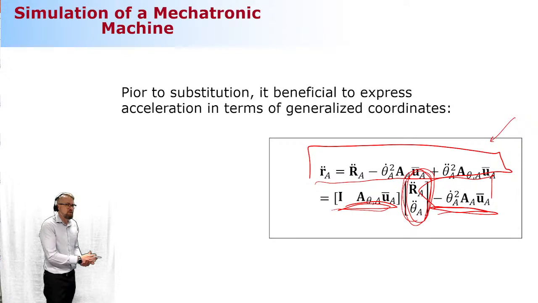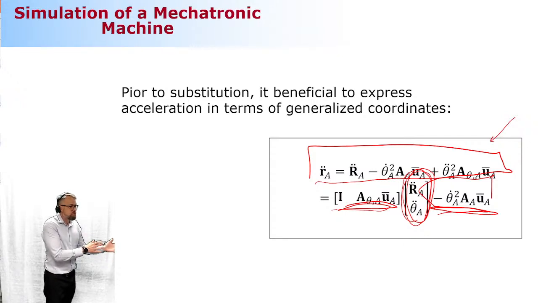This already is very bad news for us. Because now the acceleration consists of two components, one that is linearly related to acceleration and one quadratically related to velocities, so my inertial forces will consist of two components.